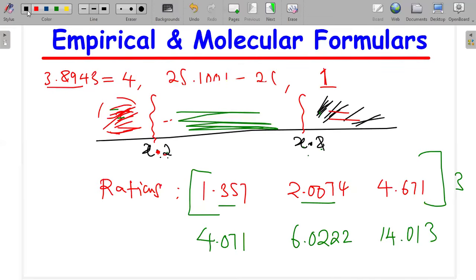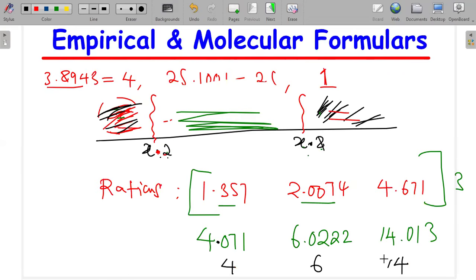So you can see now that the numbers that we have, 0.0, 0.0, 0.0, are all less than what? 0.2. So we can round them off. So this will be 4, this will be 6, this will be 14. So that's how you know when to round off and when not to round off.